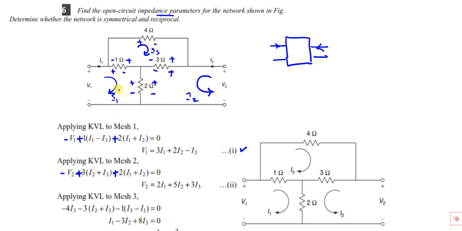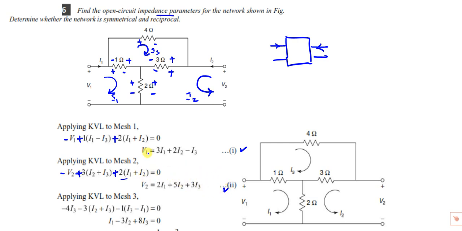Again here I1 and I2 directions are the same, so I1 plus I2. If you simplify, bringing V2 to the right side, V2 is equal to 2I1 plus 3I2 plus 2I2, total 5I2, and the I3 term is also there, 3I3. So this is equation number 2.